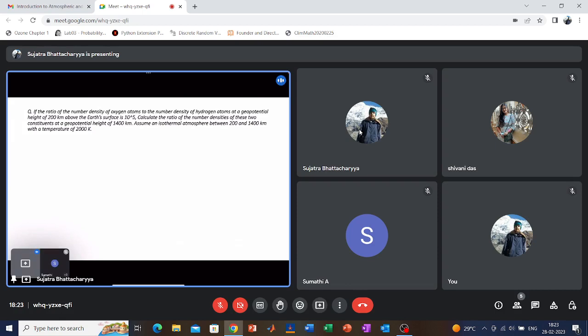Assume an isothermal atmosphere between 200 and 1400, so the mean column temperature is constant, that is 2000 Kelvin. It is given in Kelvin, so we don't need to convert.